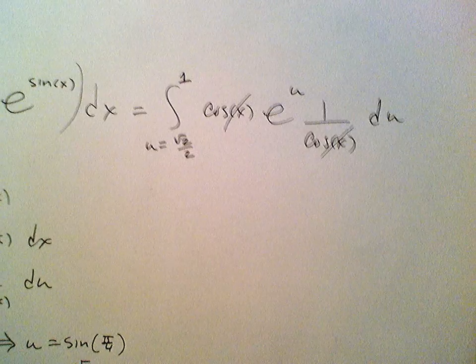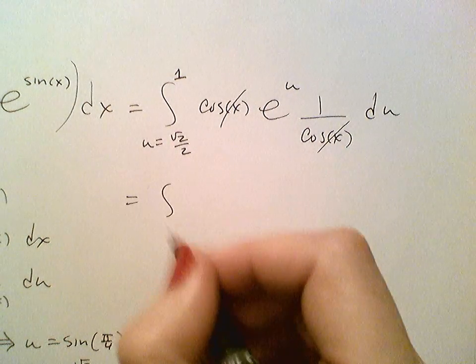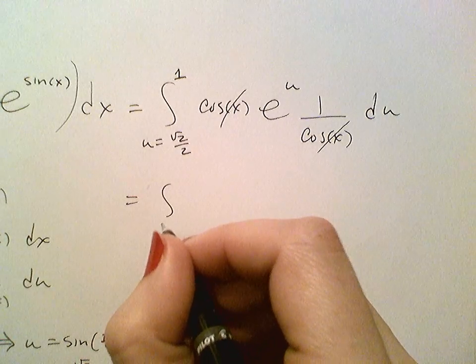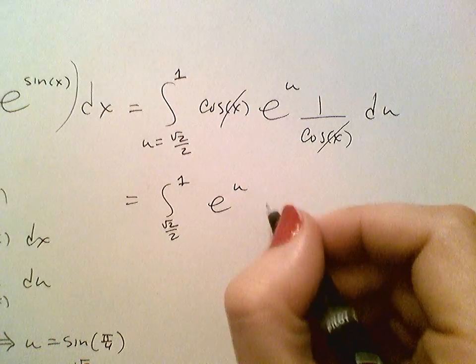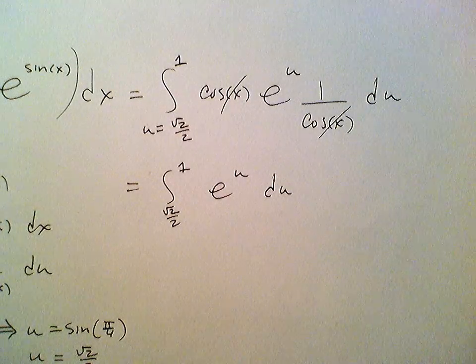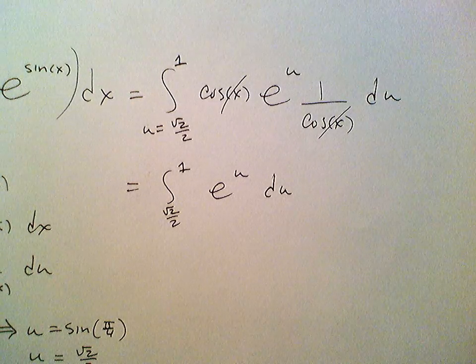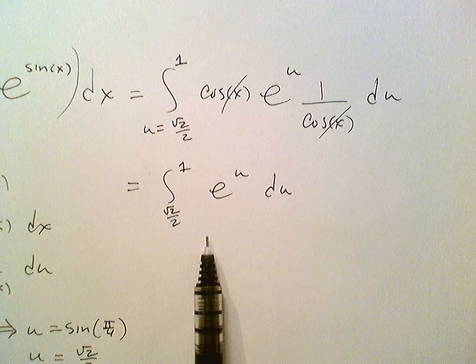Those cancel. That's what I wanted to happen. So now everything is in terms of u. I'll just bring down that equal sign. The integral from square root of 2 over 2 to 1 of e to the u du. And this is going to work out super nicely. Now, the point of u substitution is you take something complicated and you turn it into something more manageable.